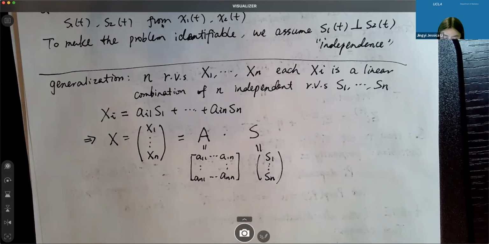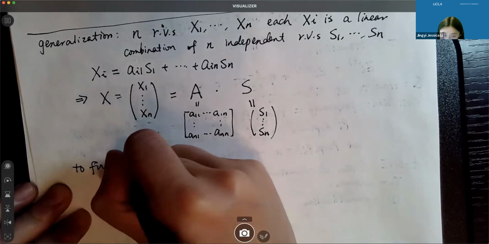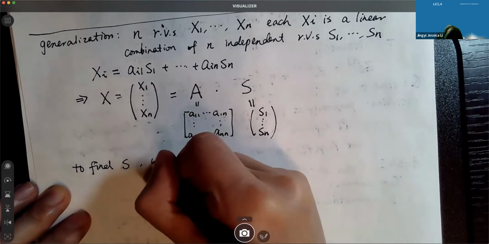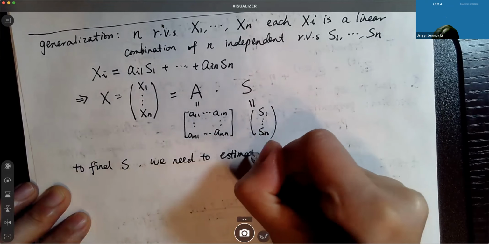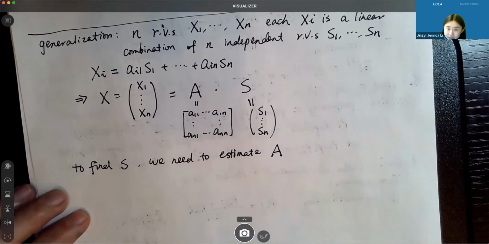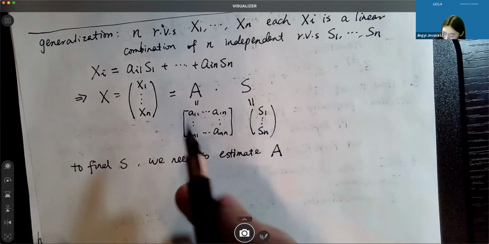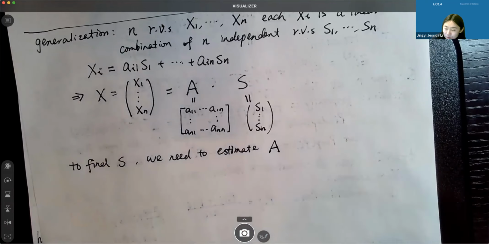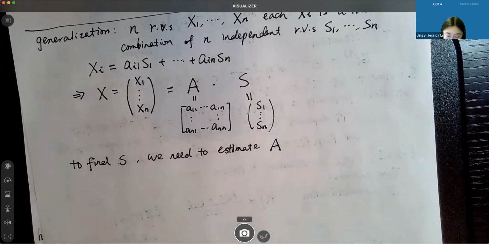Okay, so how do we find this, right? Here, the goal is to find S, so we need to estimate this unknown parameter matrix A. Because if you can estimate A and A happens to be invertible, you just multiply A inverse to the left-hand side, problem solved. That gives you S. So that gives us the estimation problem.